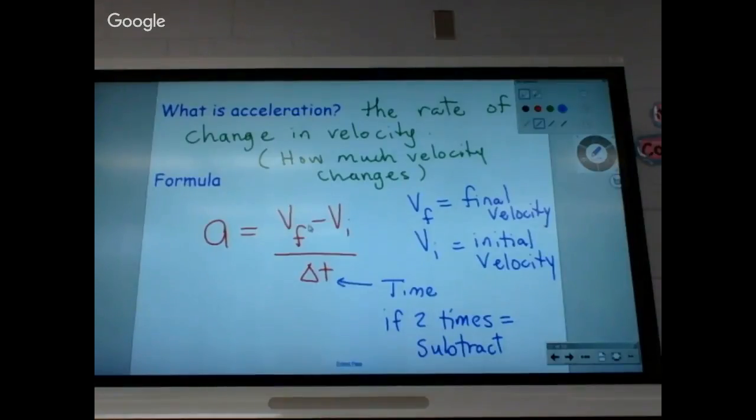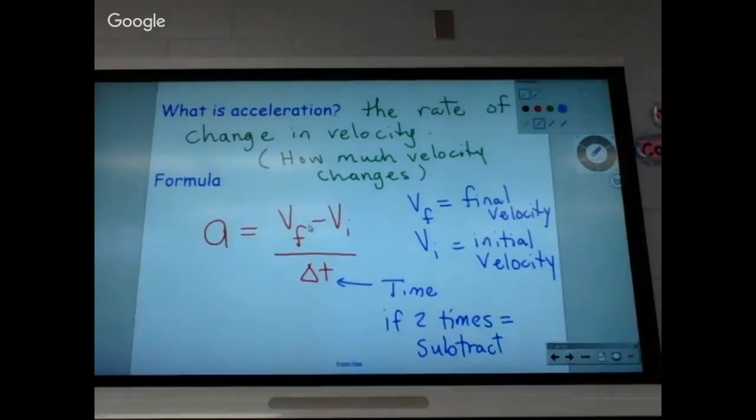Okay. VF stands for final velocity. VI stands for initial velocity. Now, final and initial sometimes throw people off. Okay. What does final and initial mean to you guys? Final means like what you end up with at the end. Okay. Initial is what you start out with. Okay.